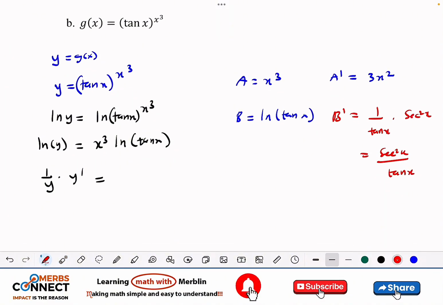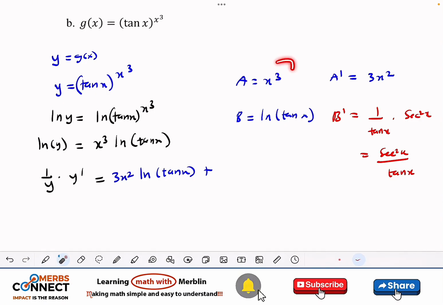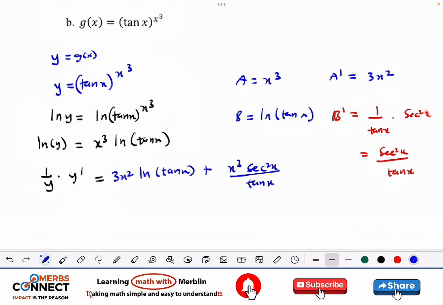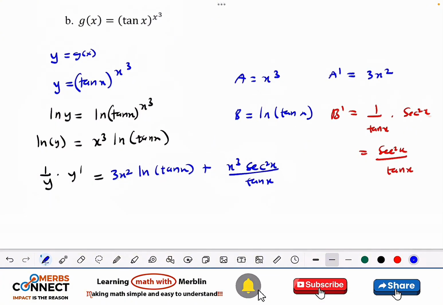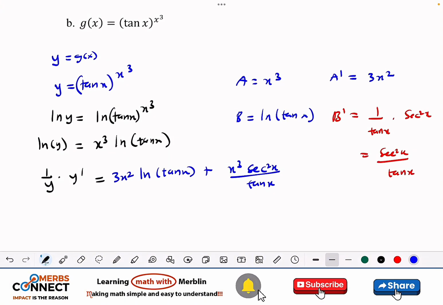So let's do that. We are going to have something like 3x squared natural log of tan x plus, then I multiply this one to this. So I'm going to have x to the power 3 sec squared x divided by tan x. So this is what I'm going to get. So now when I'm done, I need to make y prime the subject.